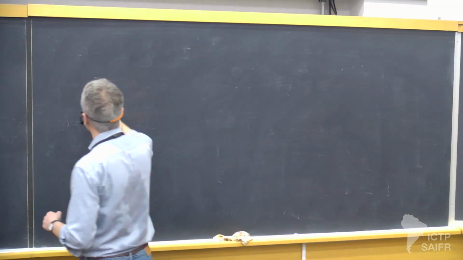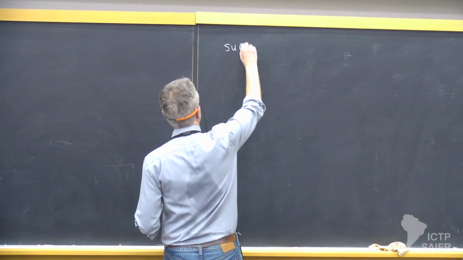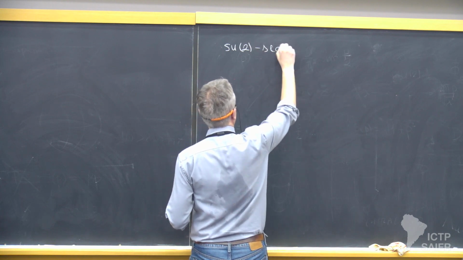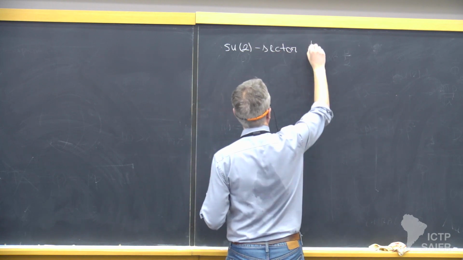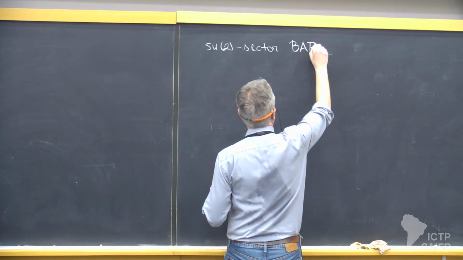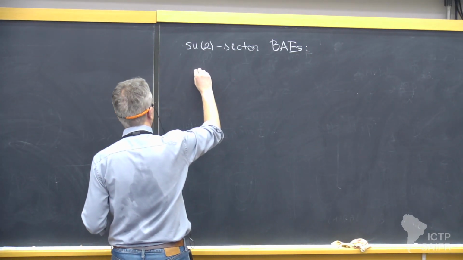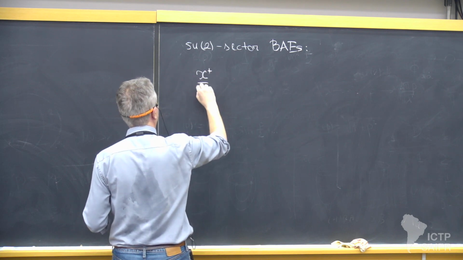So I'll write only the SU(2) sector Bethe equations. They will look like that.